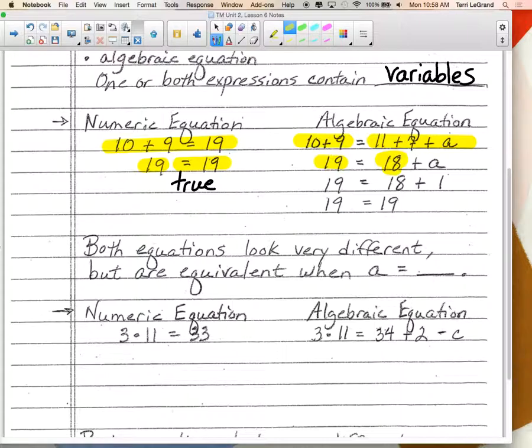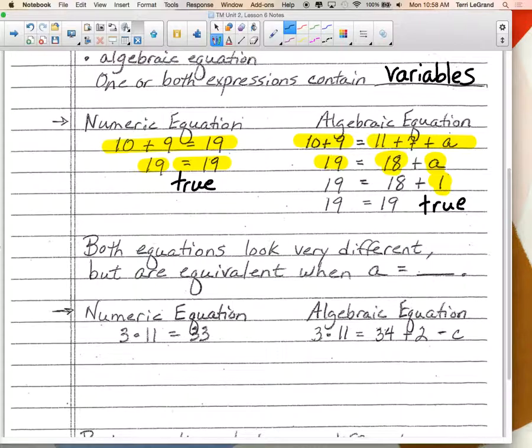And then we have what plus 18 is 19? What number plus 18 is 19? 1. So notice 1 got put in here for the A, because 18 plus 1 is 19. And now we have a true statement again. So we found the value for A.